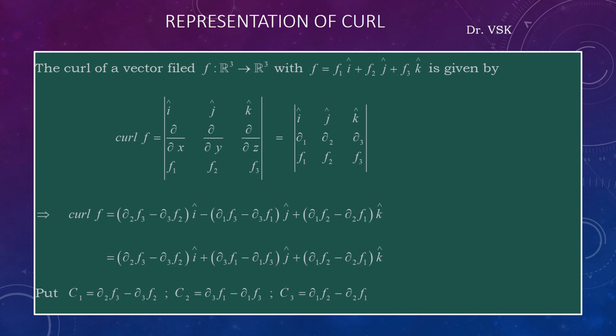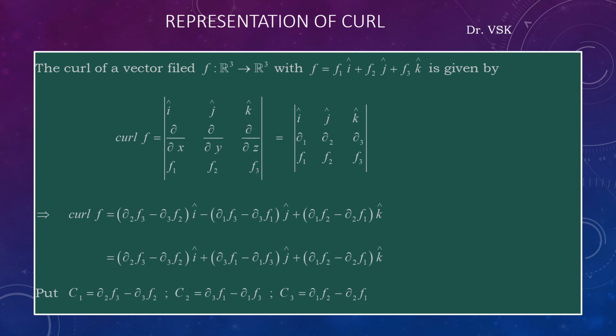If we expand this determinant by using the first row, we get curl F equals i cap times (∂2 F3 minus ∂3 F2) minus j cap times (∂1 F3 minus ∂3 F1) plus k cap times (∂1 F2 minus ∂2 F1).